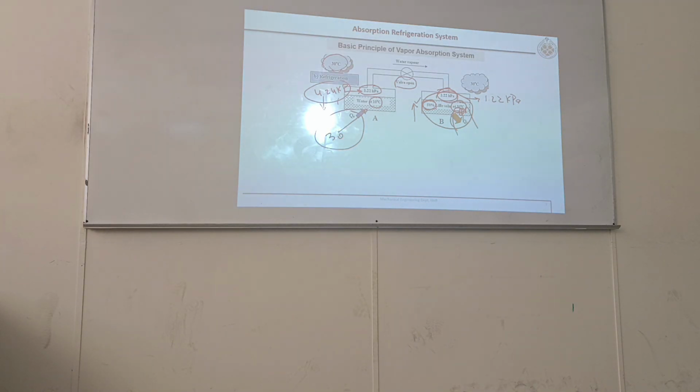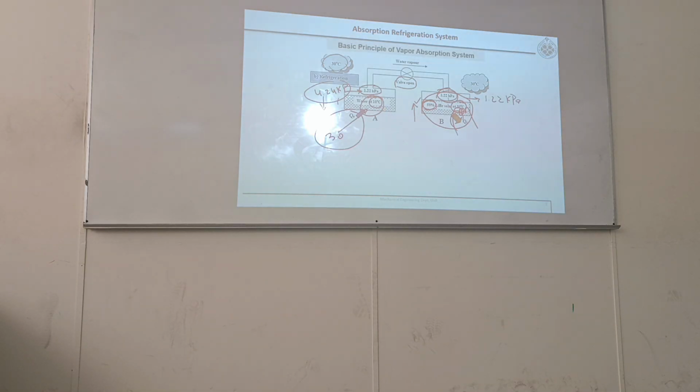So we want to come back to the initial condition because here water vapor is dropped. Here it has reached its maximum limit to absorb water vapor, right? So we have to regenerate whatever water vapor was absorbed here, we want to desorb it so that we can make this water come back here and repeat the process.